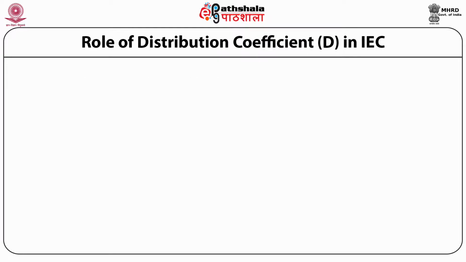Now let me talk about the role of the distribution coefficient, that is D, in ion exchange chromatography. The theoretical effectiveness of the separations in ion exchange chromatography can be calculated by comparing the distribution coefficients, that is D, of various ions.